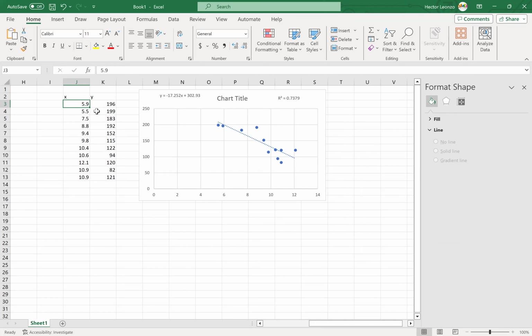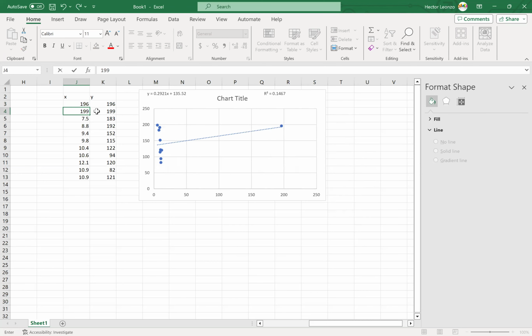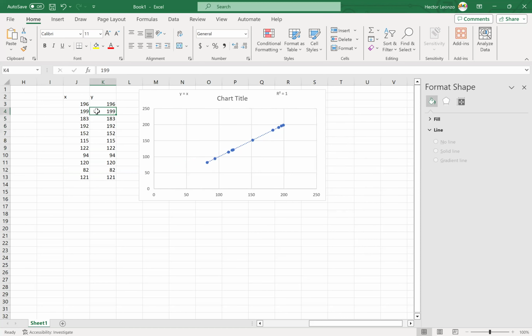So for rainfall, I'm going to go 196, 199, 183, 192, 152, 115, 122, 94, 120, 82, and 121.